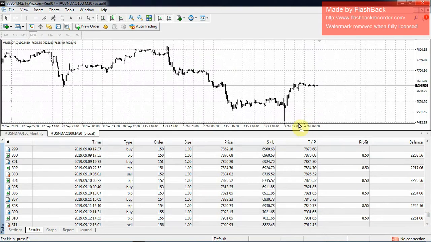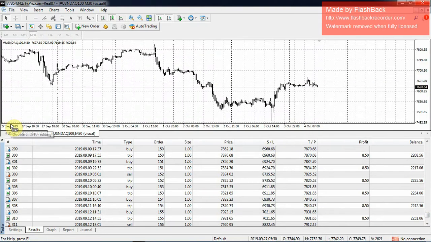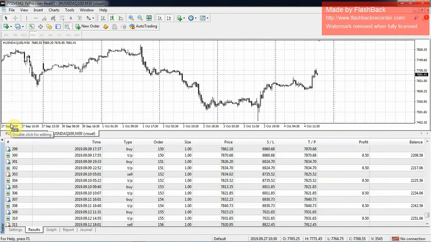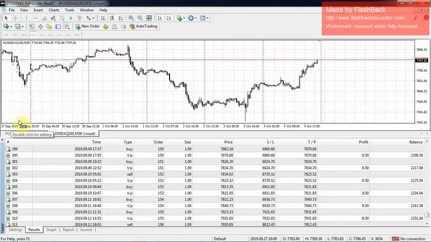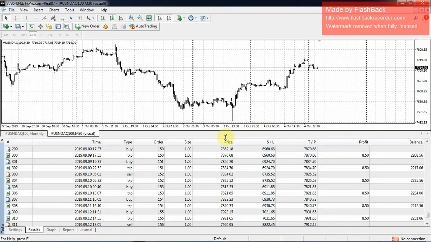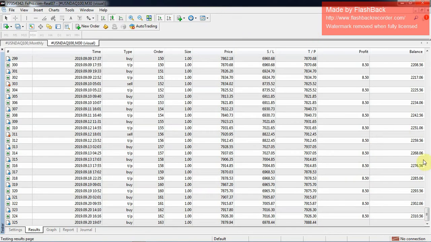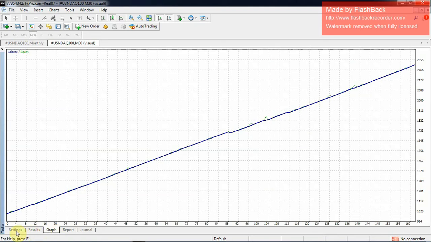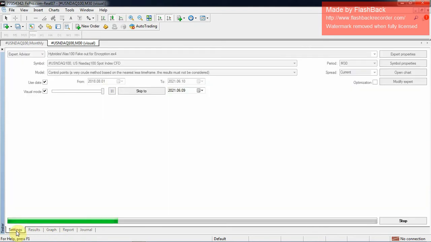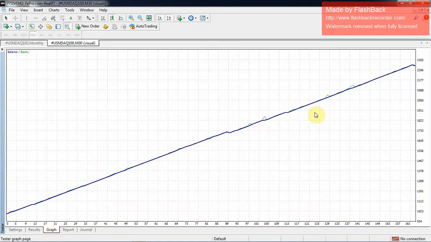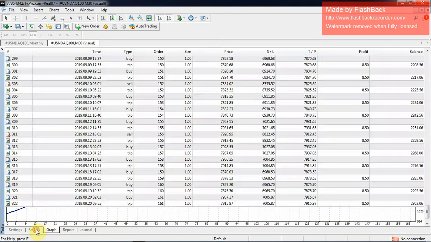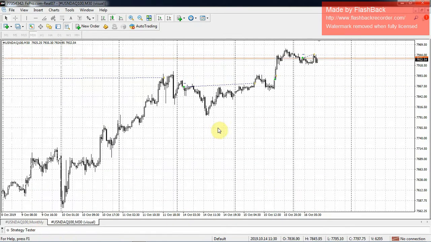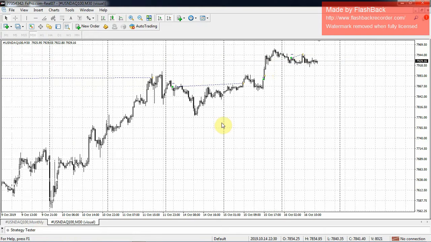Let's see how the results are coming in. Let's see the graph. Okay, that's progress there. The backtest is still running. Okay, trades are coming in.